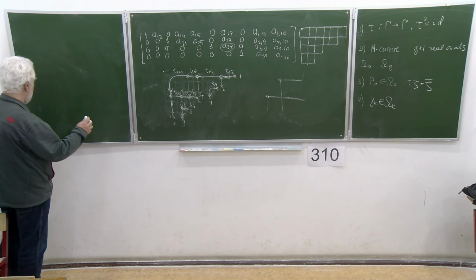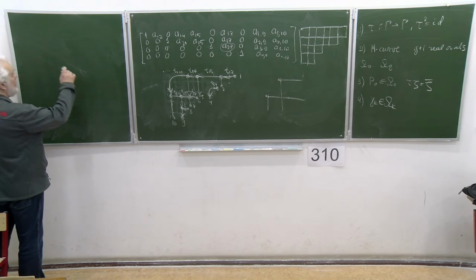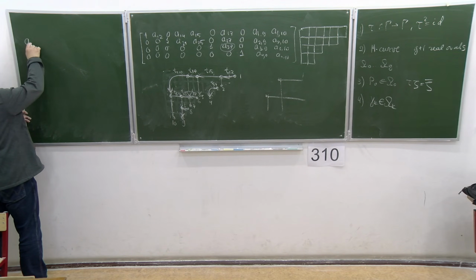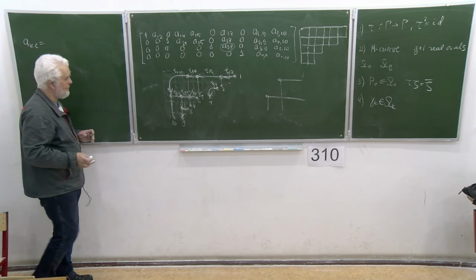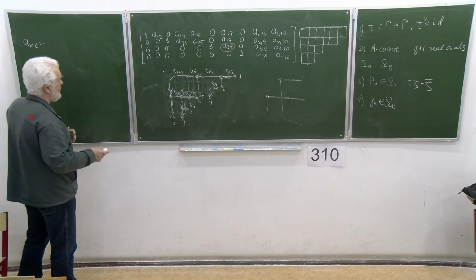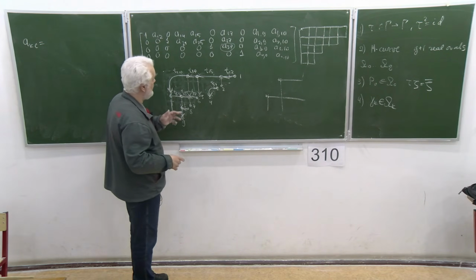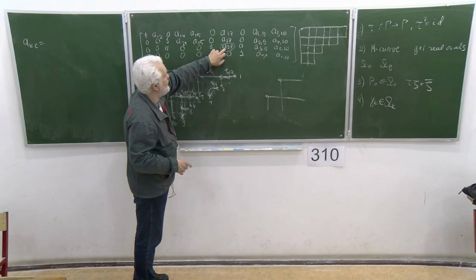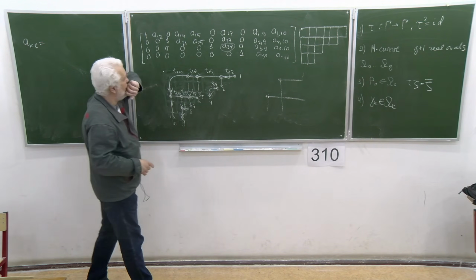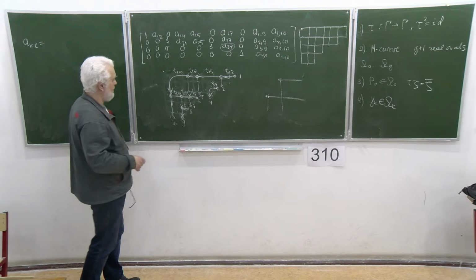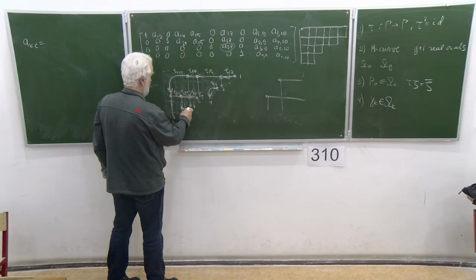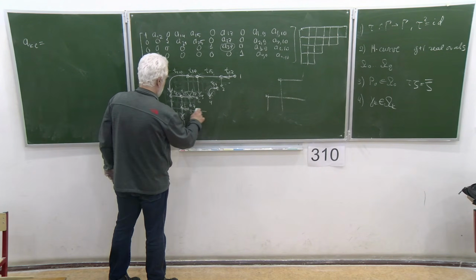Then A, K, L. First of all, the sign. So, for example, A37. What does it mean? You take the third line, starting from 8.